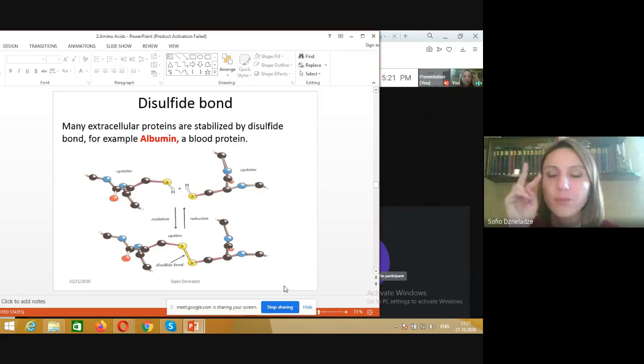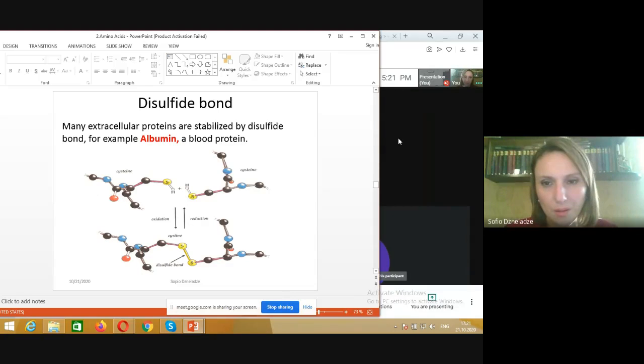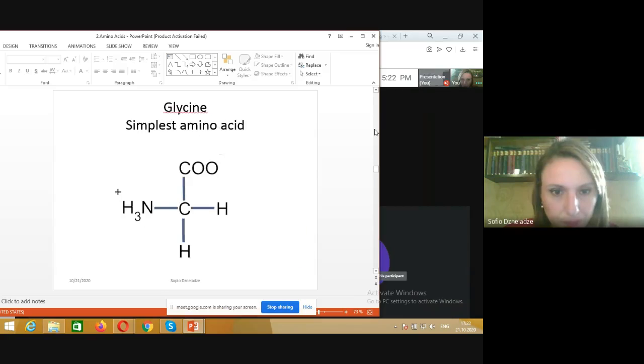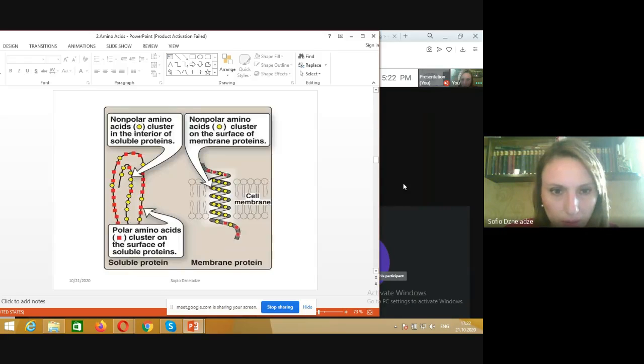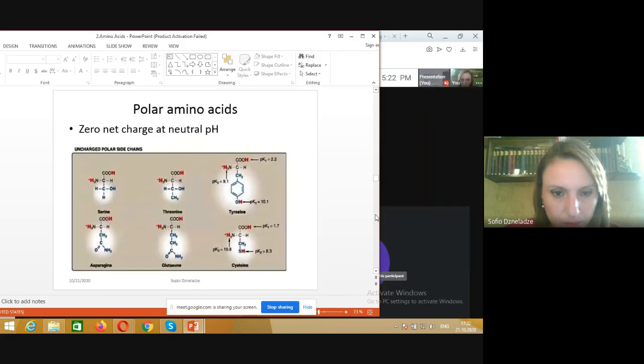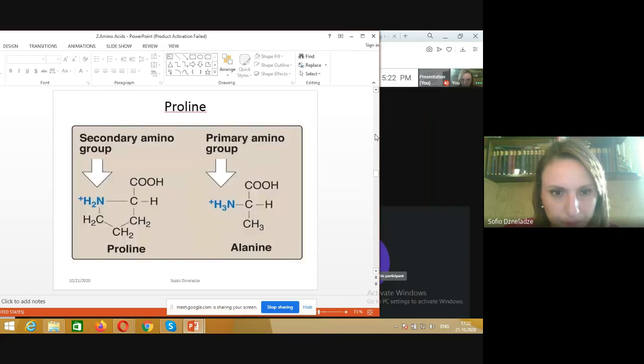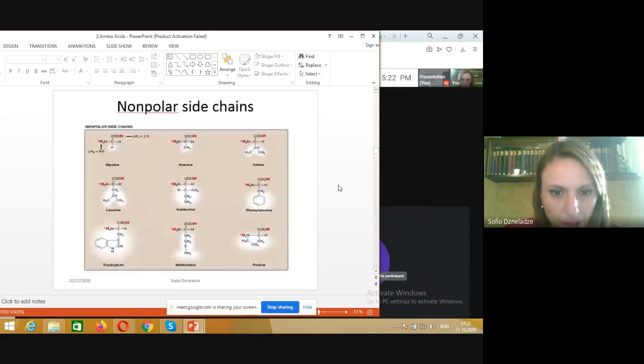We have two different amino acids with sulfur inside. They are methionine and cysteine. Where is methionine? I will show you. Here.